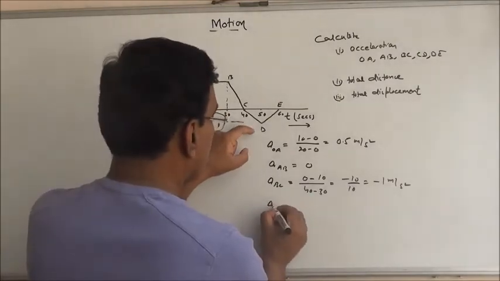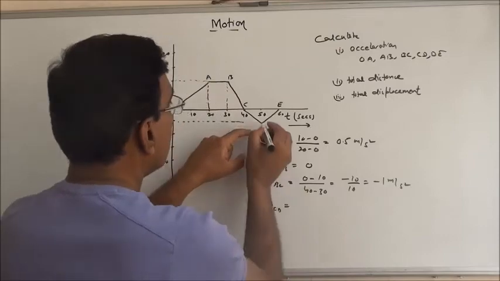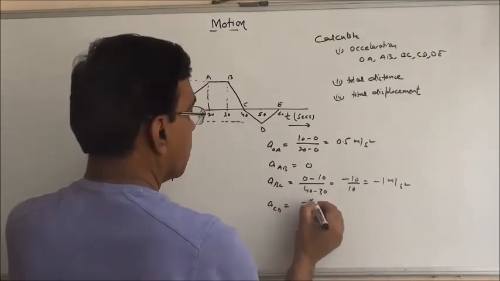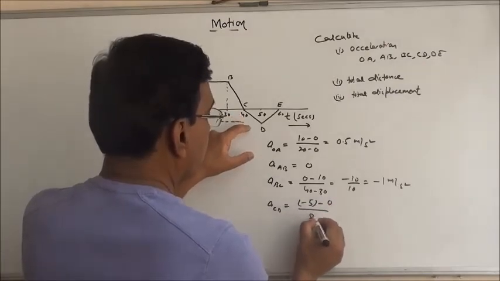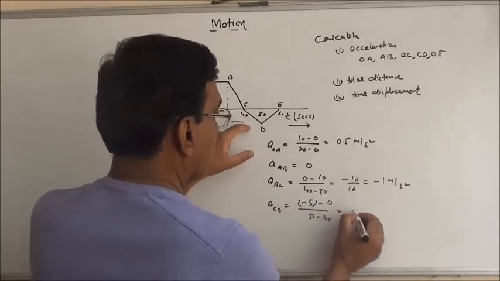C to D: at D minus 5, at C 0, 50 minus 40.